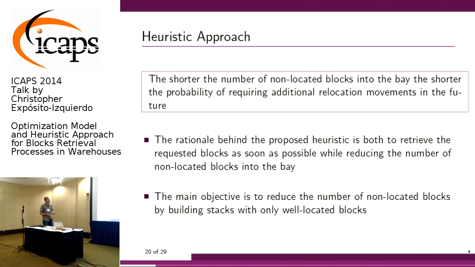So the rationale behind our heuristic is to retrieve the blocks as soon as possible while reducing the number of non-well-located blocks in the bay. To achieve this objective, we try to build stacks in which we only have well-located blocks.